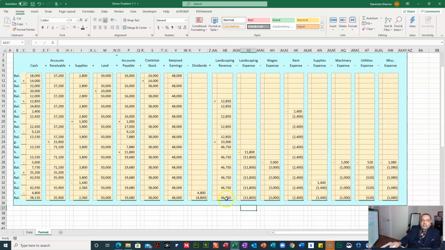Then you would start with the retained earnings, add the net income that you have calculated here, and then subtract the dividends, and that will get you the new balance in retained earnings. Then all these will go to the balance sheet, except retained earnings will get a new balance based on the net income and after subtracting the dividend. So that is how you do that.